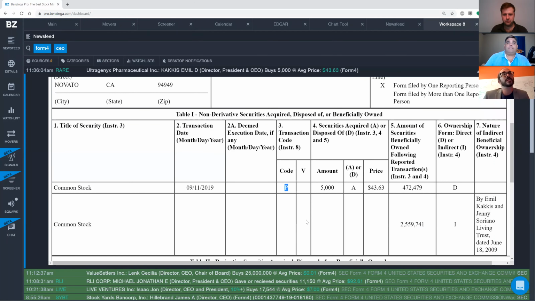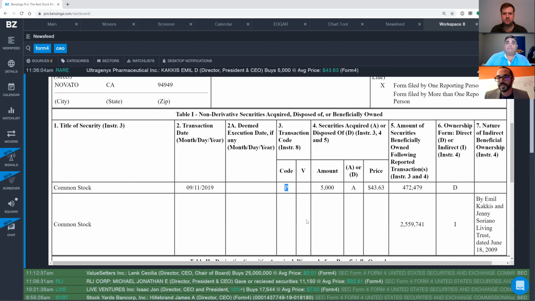There are maybe 15 other codes that could be filled in here, and those are important, but they're not going to be as important as a P or an S. A P or an S indicates that the person disclosing it purchased or sold shares in the, and here's the important part, open market.